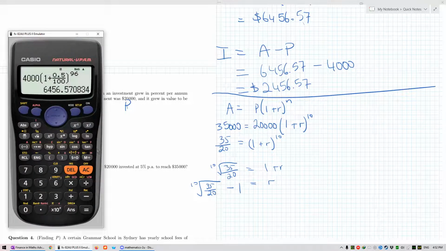And we can do it on the calculator. So the 10th root of 35 over 20 minus 1. Just be very careful to make sure this looks like that, I suppose. And so we have 0.0576.